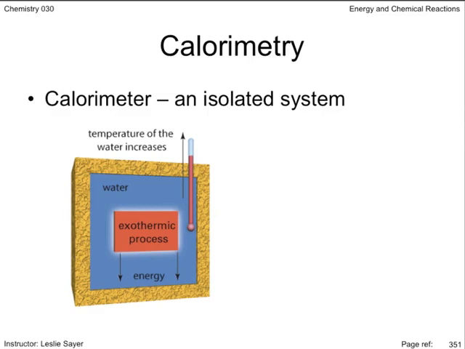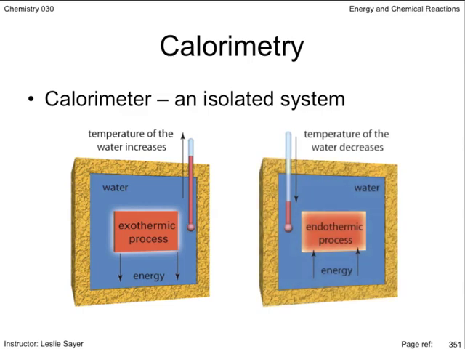And this change is considered in this course to be exactly equal to the chemical potential energy being released by the chemical reaction. Likewise, if the reaction is endothermic, energy being absorbed by the chemical reaction will be equal in magnitude to the drop in kinetic energy of the water molecules, indicated by the thermometer as a drop in temperature.